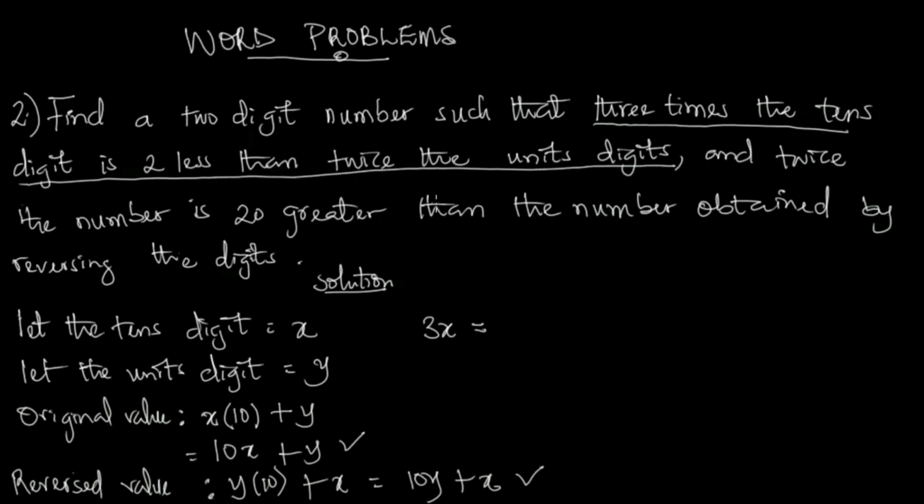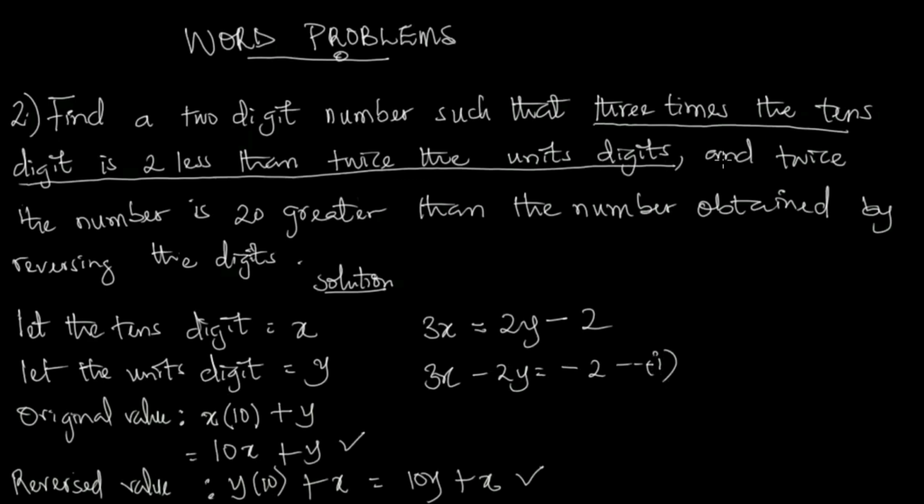So let's say twice the unit digit, minus 2. That's what it means. Twice the unit digit is 2y minus 2. So we can say that 3x minus 2y equals minus 2. Let's take this as equation 1.